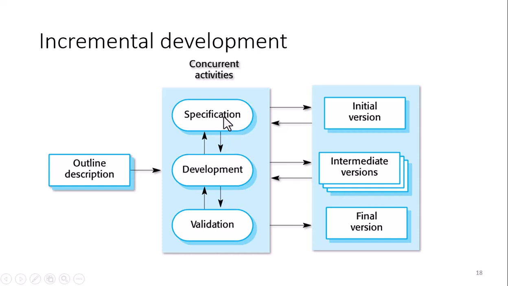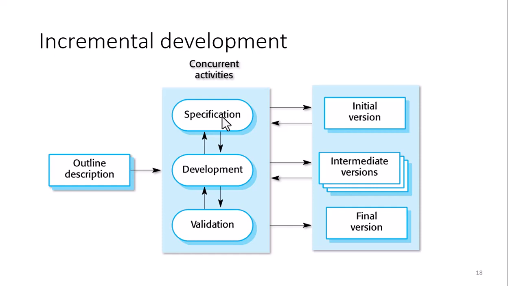So in incremental, we develop the whole software in increments. For example, if we are going to develop the software in 3 increments, we can say increment 1, increment 2, and increment 3, or initial version, intermediate versions, final version.